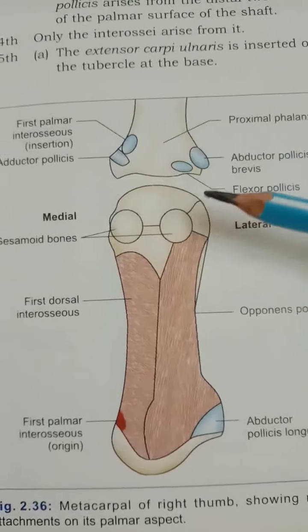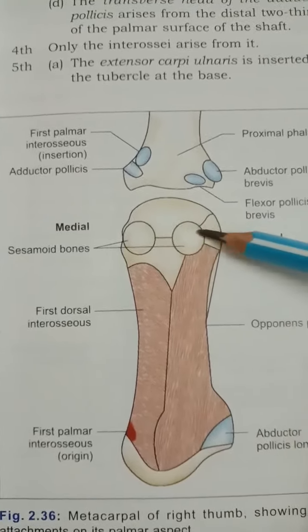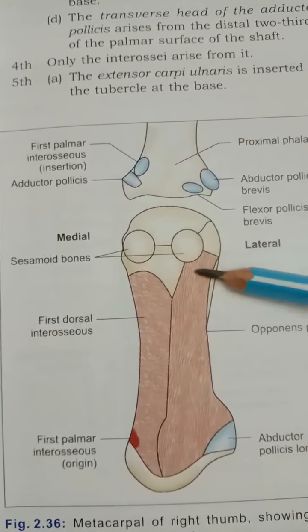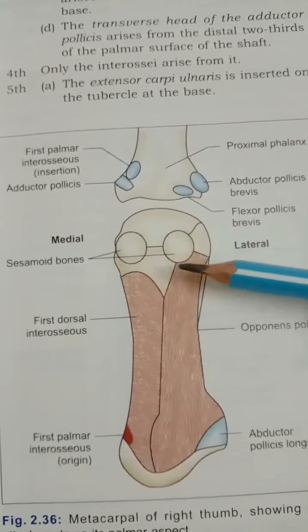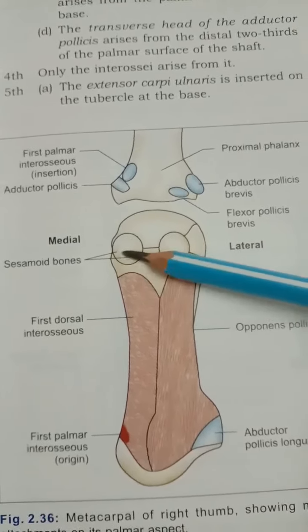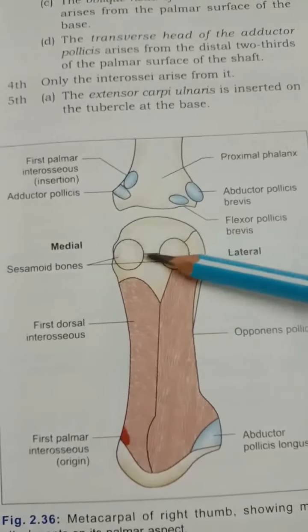Then the sesamoid bones. Here you can see the sesamoid bones glide on the radial and the ulnar corner of the head and produce the impression of gliding.